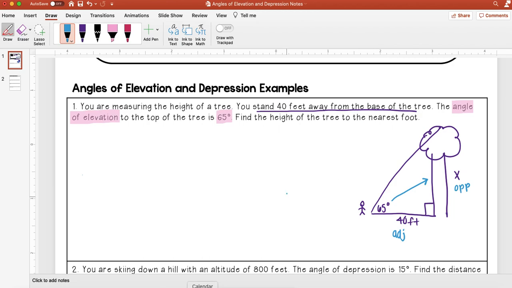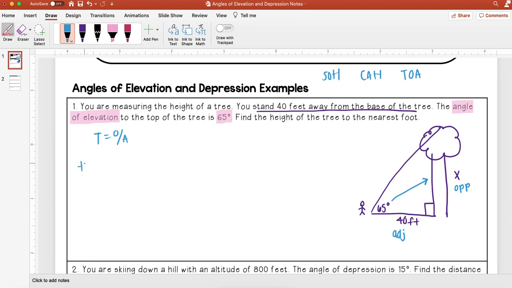So now thinking of SOHCAHTOA, I see that the trig ratio that has opposite and adjacent is going to be the TOA.